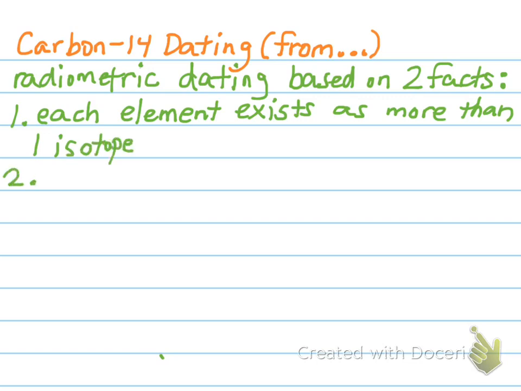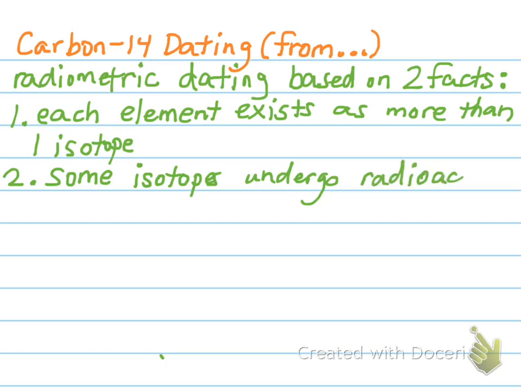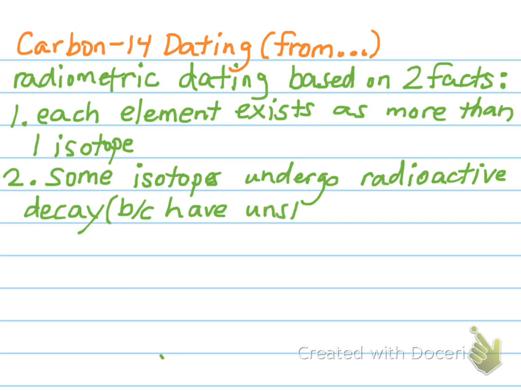And the second fact is that some isotopes undergo radioactive decay, and the reason they do this is because they have an unstable ratio of protons to neutrons.